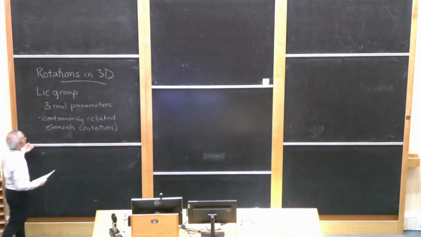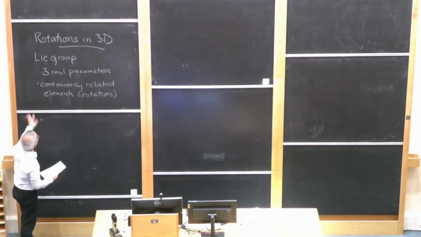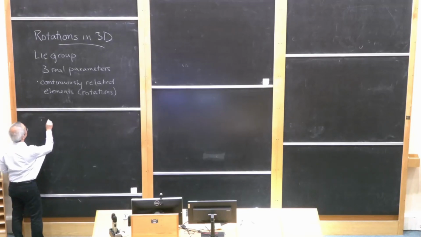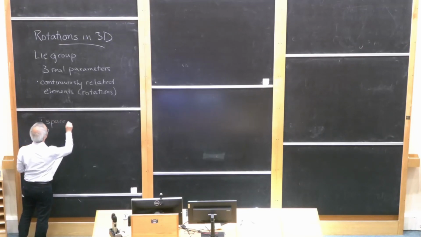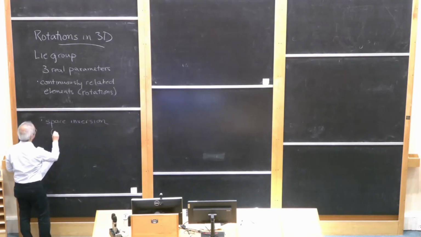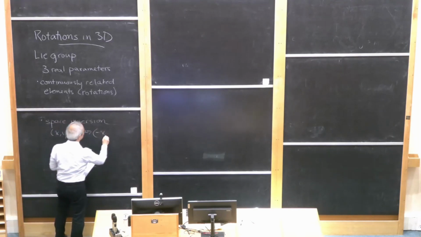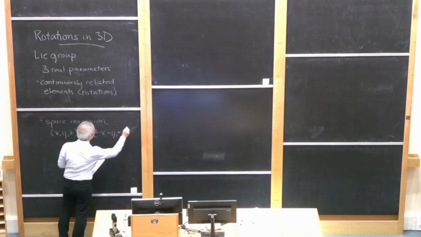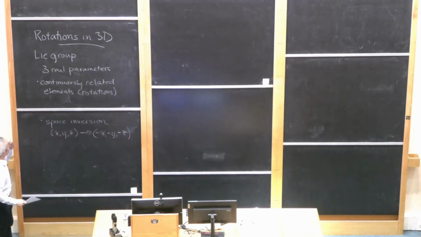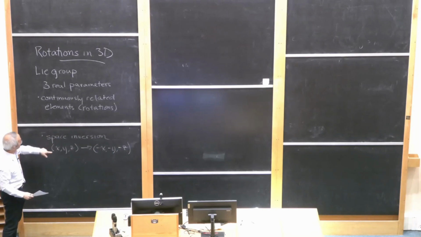But of course, you know that in 3 dimensions, you have another transformation, which is your spatial inversion, which takes you from, say, x, y, z to negative x, negative y, negative z. Unlike in the 2-dimensional case, you can't get this transformation from any of these guys.